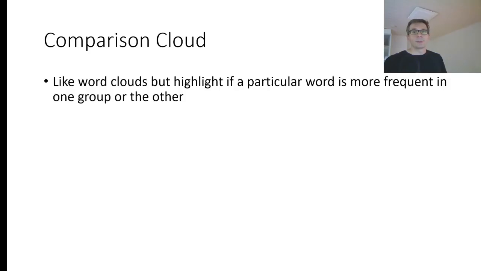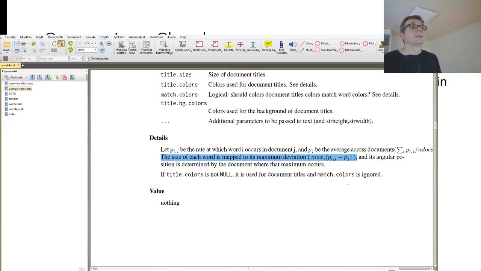Okay, so we continue the analysis with comparison cloud. This is like word cloud, but it highlights if a particular word is more frequent in one group than the others. And from the documentation of wordcloud.r, we can actually find more detailed information saying that the size of each word is mapped to its maximum deviation.